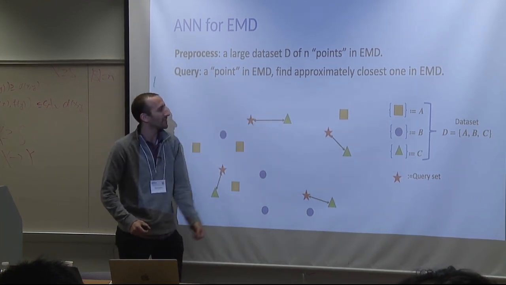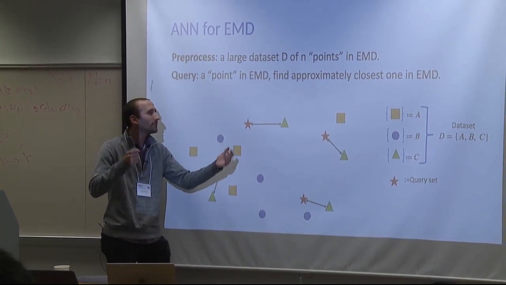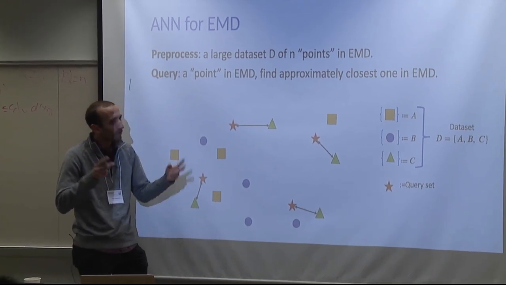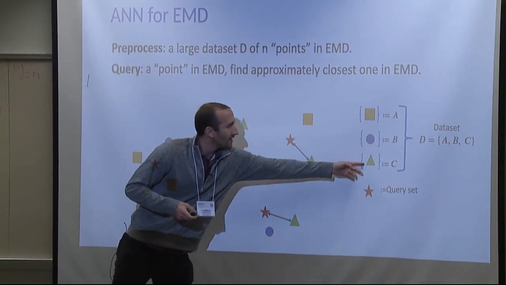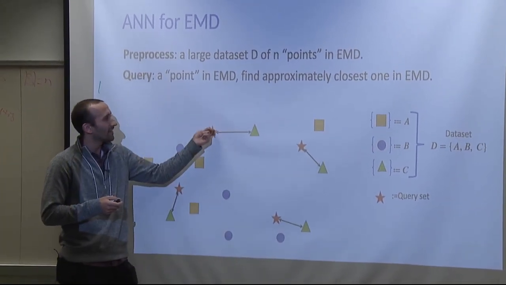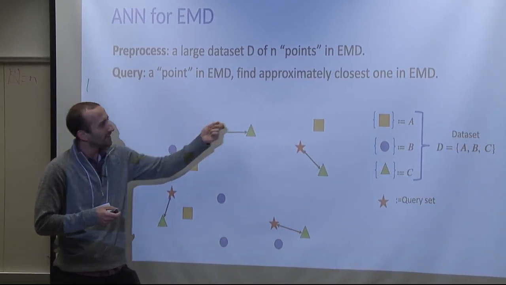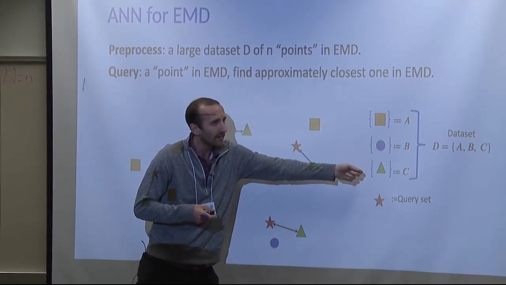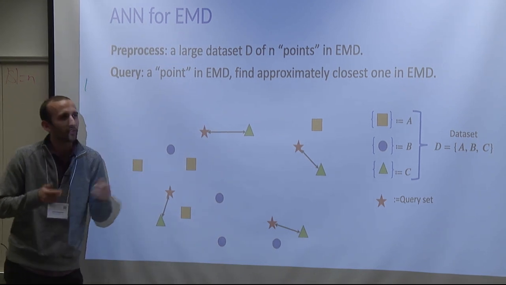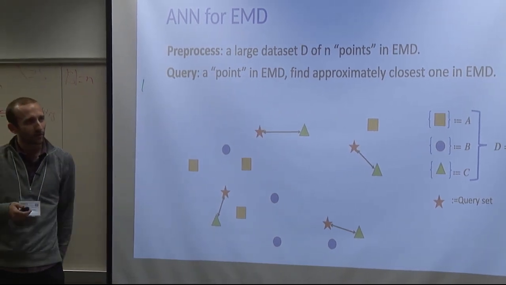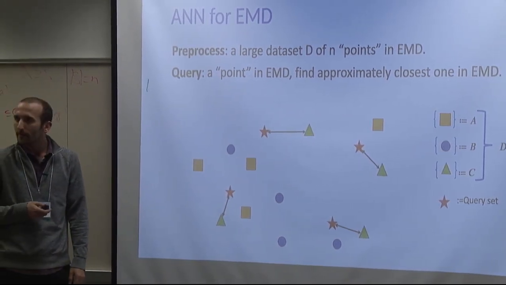The true nearest point, which in this case is a subset, would be: I take the stars and I compute the EMD to each of A, B, and C, and then I pick the smallest one. That would be the true nearest neighbor. That's the value that we're trying to output. Any other questions?